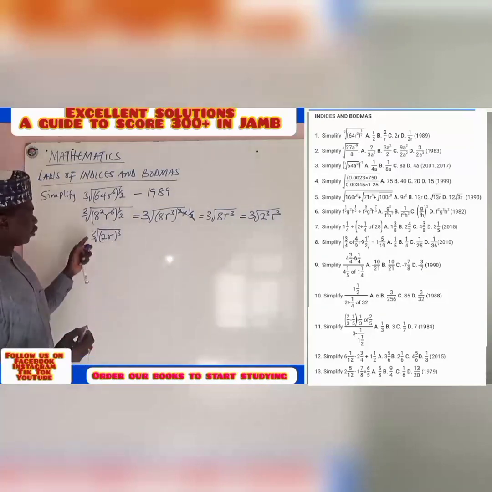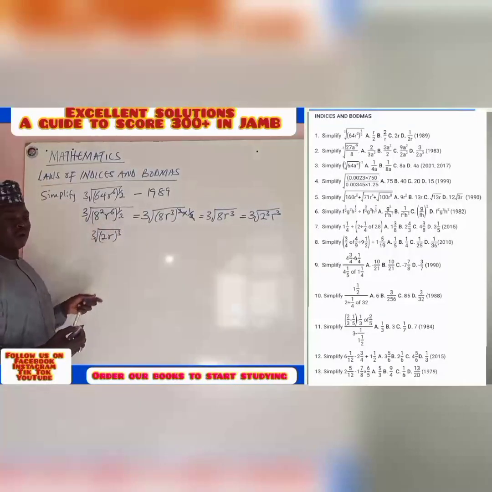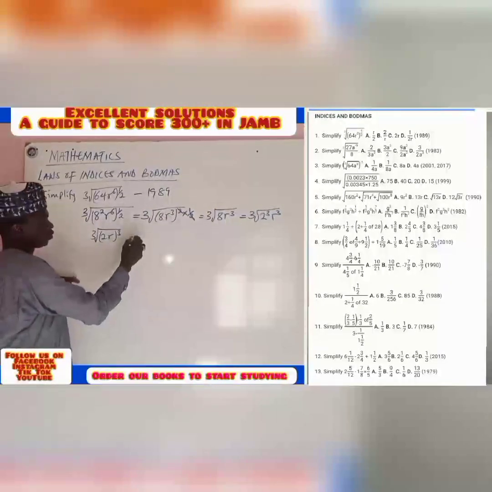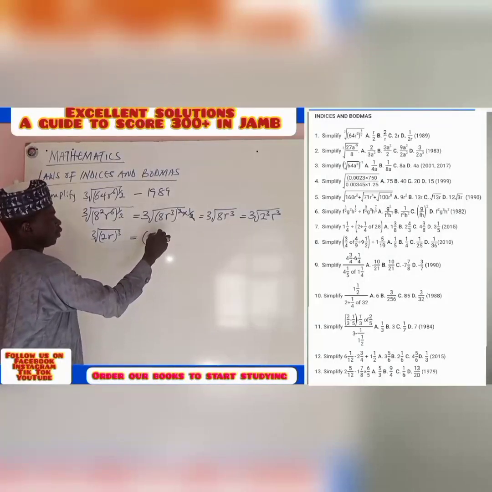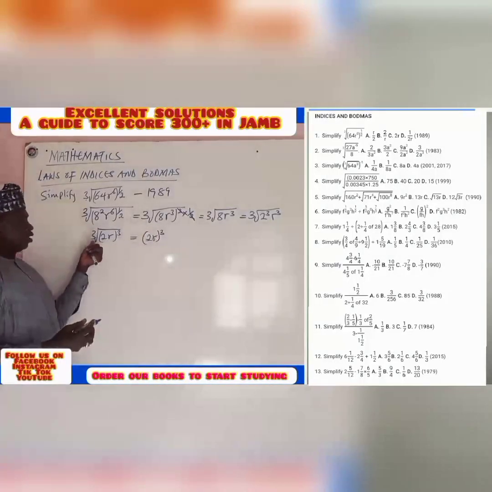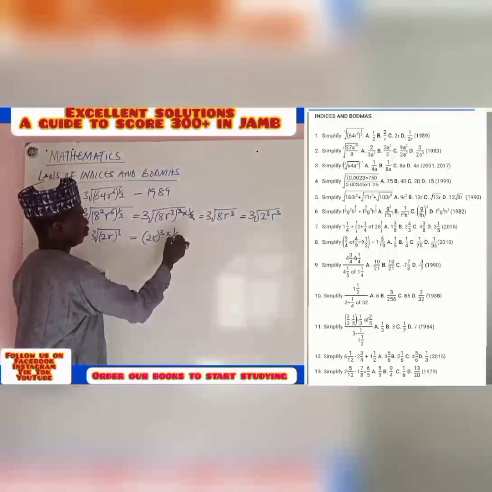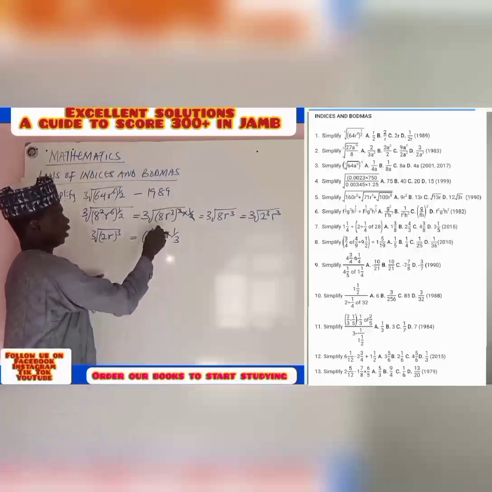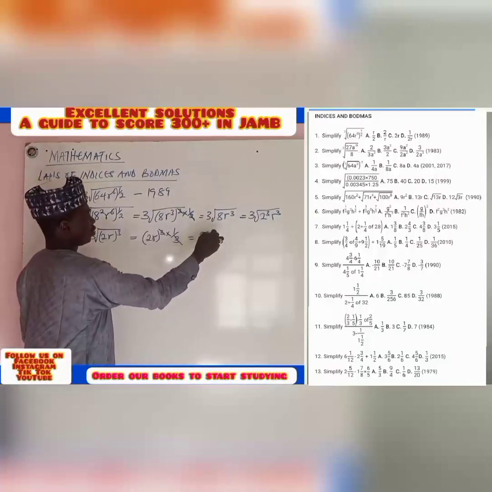The cube root is the same as power 1 over 3, so this becomes (2r) power 3 multiplied by 1 upon 3. The 3 cancels the 3, and we have equals 2r.